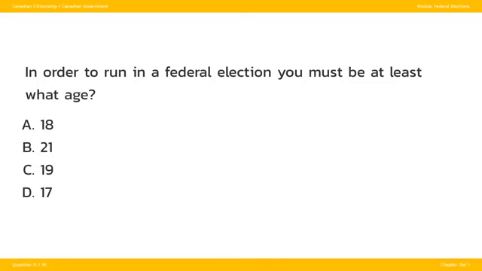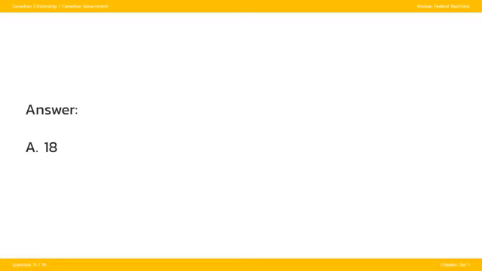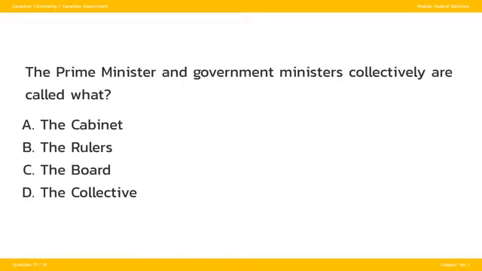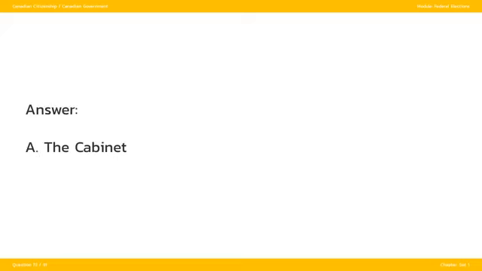C. 19. D. 17. The answer is A. 18. The Prime Minister and government ministers collectively are called what? A. The Cabinet. B. The rulers. C. The board. D. The collective. The answer is A. The Cabinet.